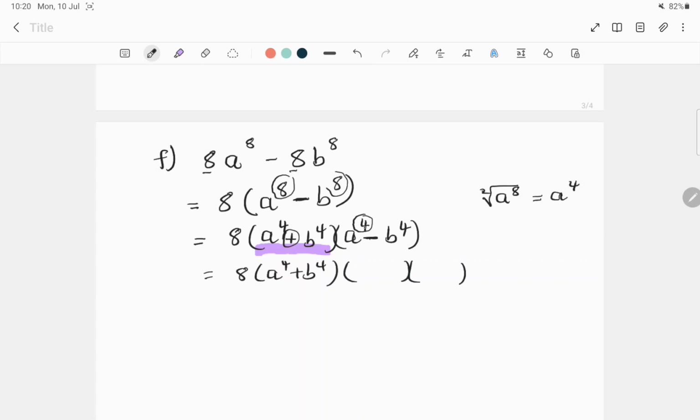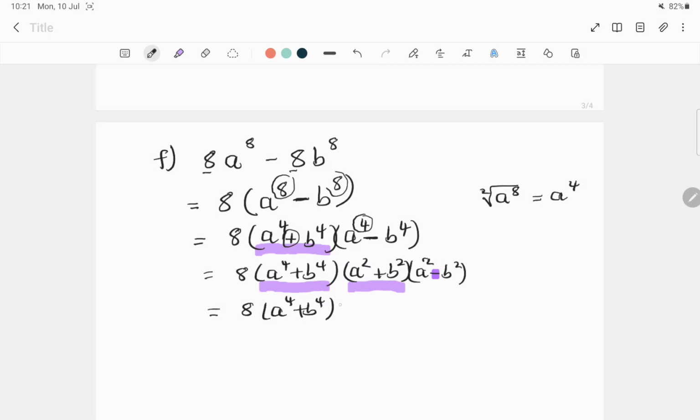So when you have the 4, it will be a squared, b squared, a squared, b squared, plus and minus. Can you continue? Yes, you can, but you cannot factorize this and that. You will only factorize the difference, the minus, that one. So it will be 8, a^4 plus b^4.